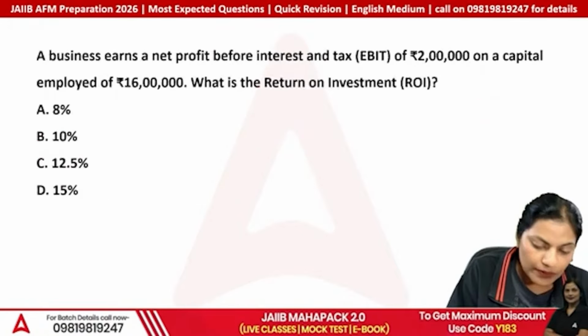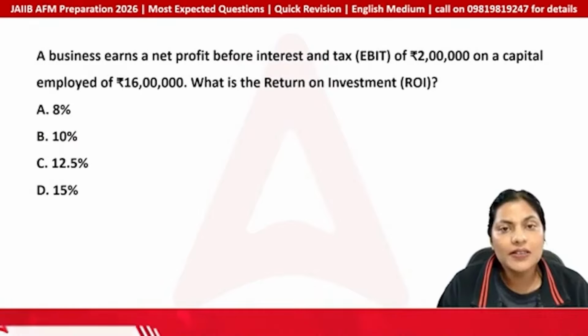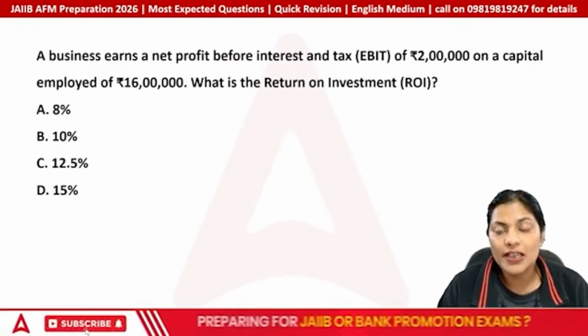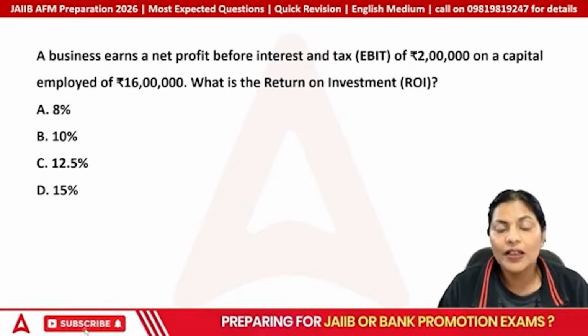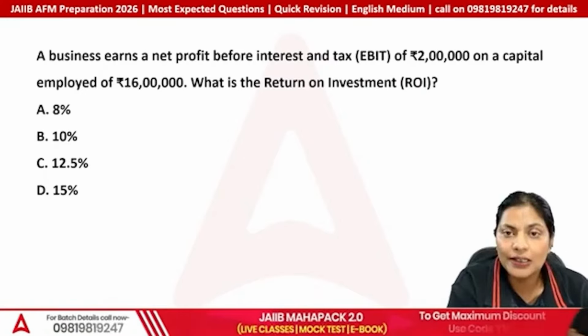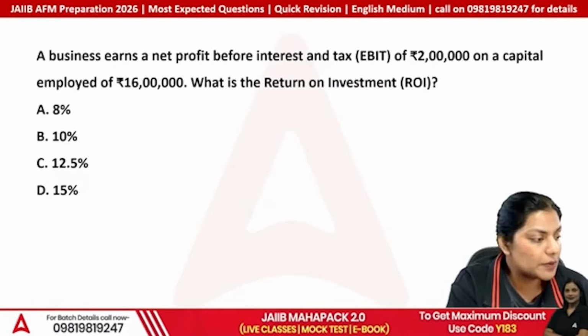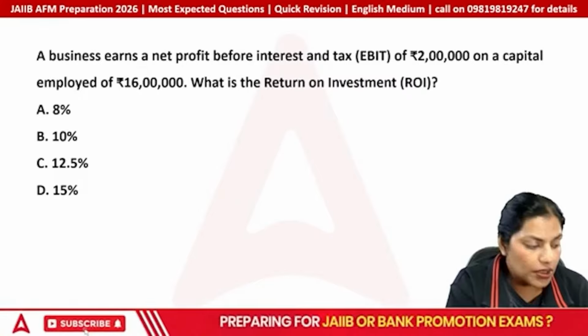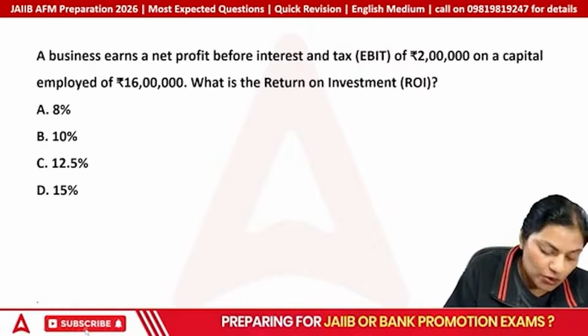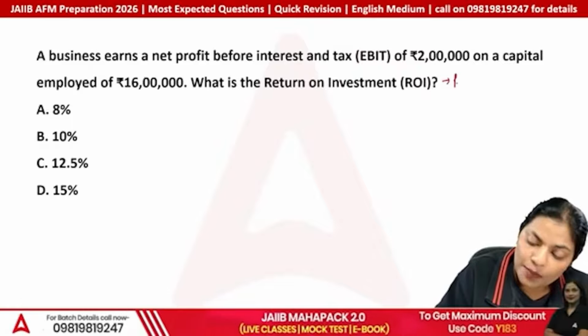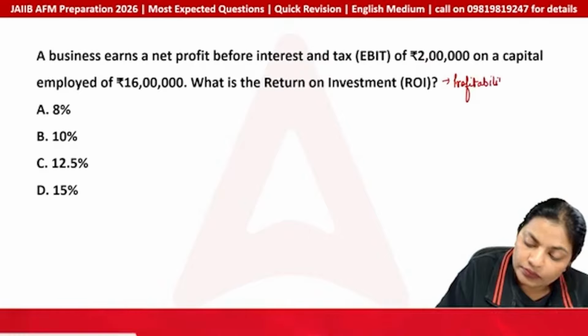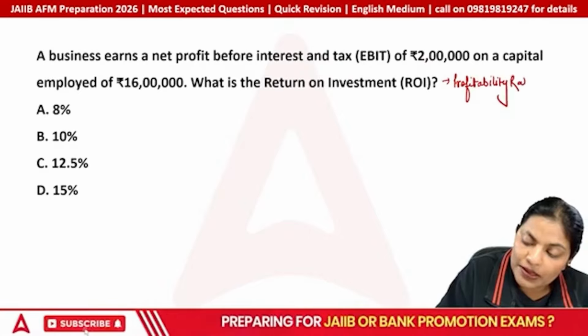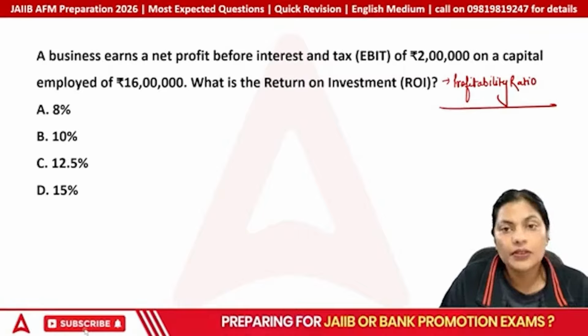Then next one. A business earns a net profit before interest and tax of rupees 2 lakh and on a capital employed of 16 lakh. What is the return on investment? Now, return on investment is a profitability ratio, right? It is a profitability measure, correct?